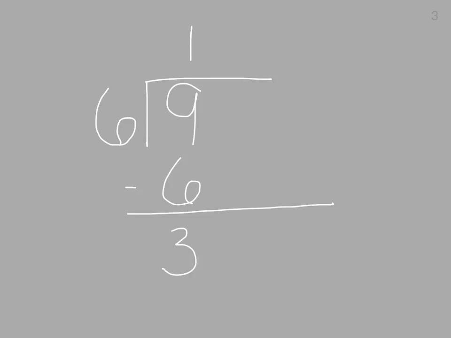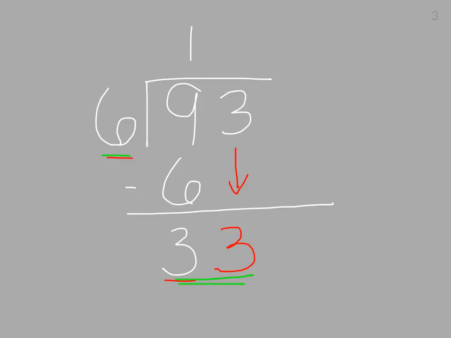But wait, you say, Mr. Hancock, what about that 3 that was there? Oh, well, I can't go 6 into 3 because that's too small. So I'm going to bring this guy down and make it 33. Now I can go 6 into 33. Much nicer. So 6 times what equals something close to 33?